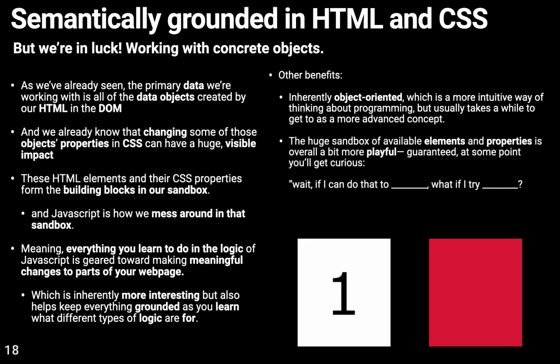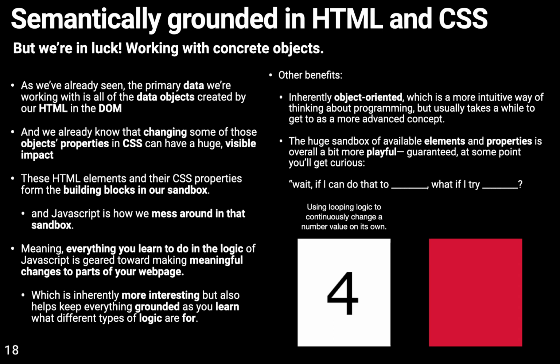And it's also a huge sandbox, like I said, of available elements and properties, right? It's a little playful. Guaranteed at some point, you'll get curious. Wait, if I can do that to this kind of object or property, what if I try this kind of change or whatever, right? Those questions will sort of naturally flow from just the fact that you got a whole bunch of stuff available to mess around with.